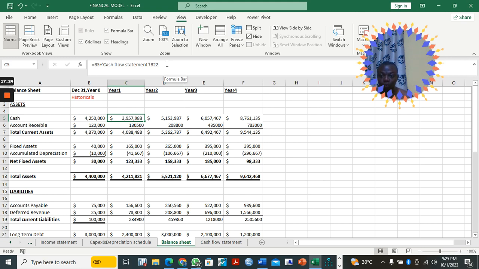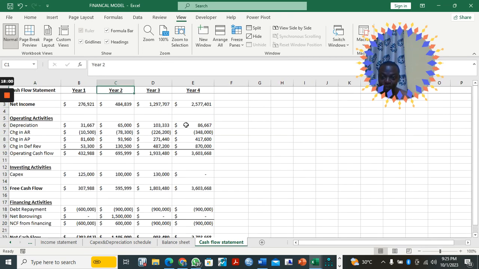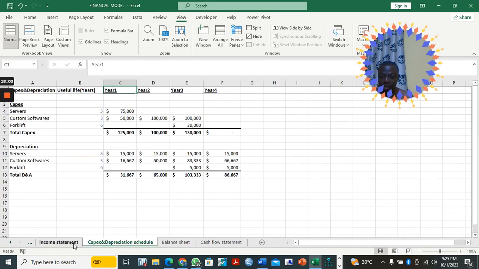And to calculate your net cash flow, it is always your historical balance from the cash plus the net cash flows that you have generated. So when you add that and you forecast, you'll be able to tell in a 4 year period what you will get to. So basically, ladies and gentlemen, this is a simple financial model I've done.